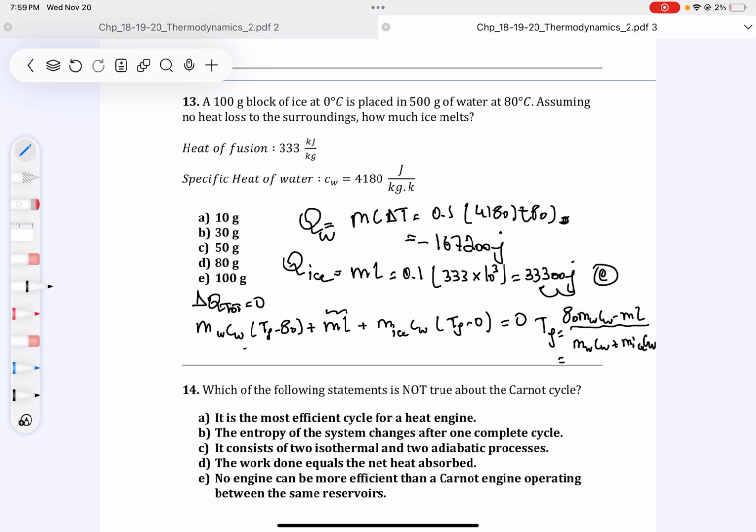From here we can get it, divide it by 0.1 times 0.5 times... that's 53.39 Celsius. That's T final.